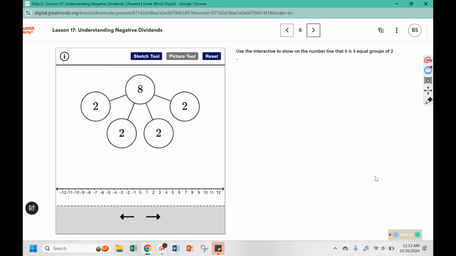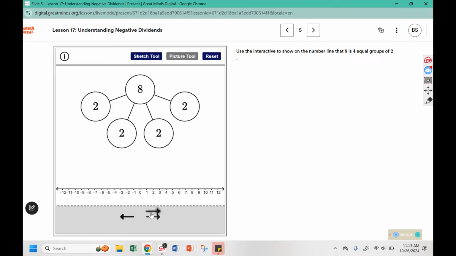Use the interactive to show on the number line that 8 is 4 equal groups of 2. So I should have 4 arrows that are 2 long, ending at 8. Oops.